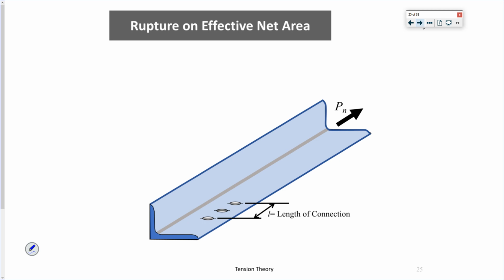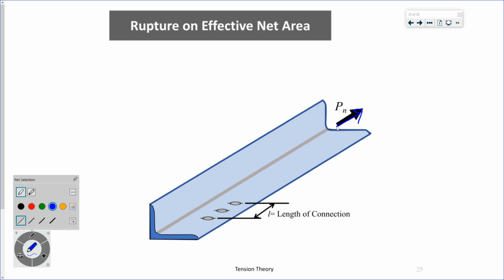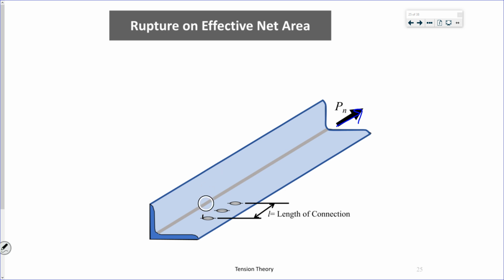If I apply a tensile load here, right, and I'm going to draw my rupture plane coming out at that 30-degree angle from that last bolt hole. That's not my rupture plane, that's my stresses.